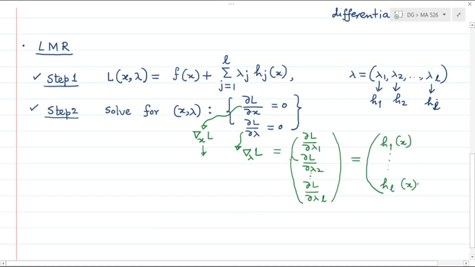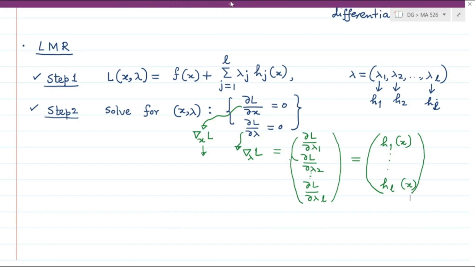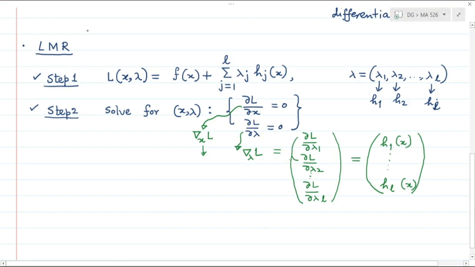So these things all of you are aware of. And in the next step, the last step, step 3 in the Lagrange multiplier rule, you do the following: find the set S consisting of those x's for which, associated to x, you have a lambda that solves the system. Let's call this system the stationarity system.